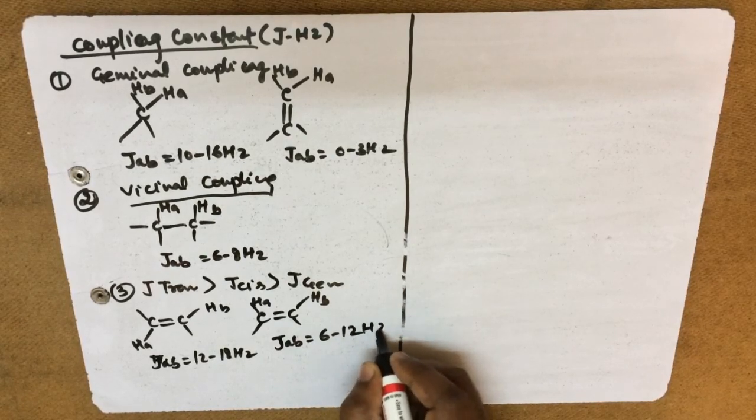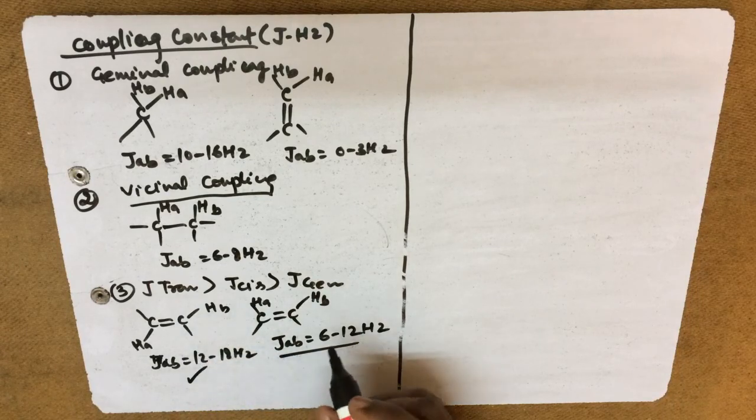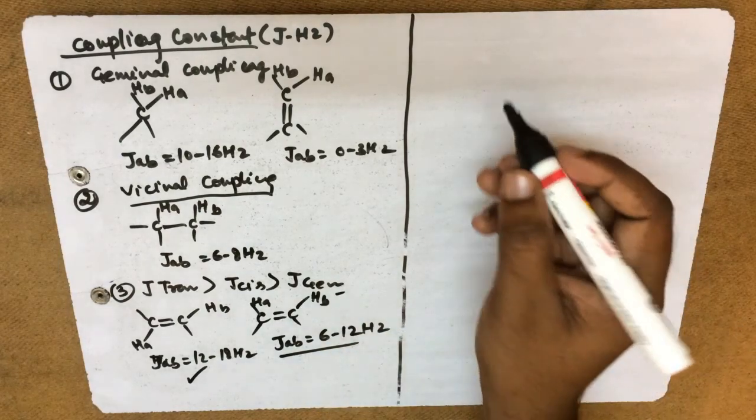So for trans the coupling constant is higher, for cis it is low, and lowest for geminal.